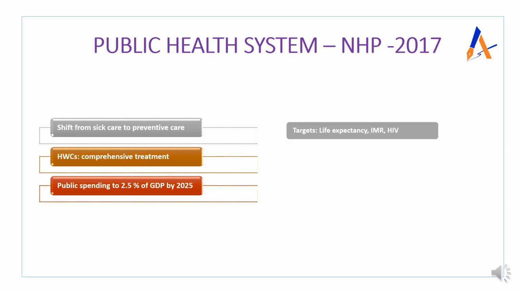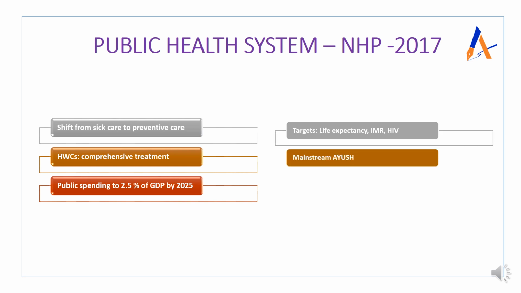Next, the National Health Policy is targeting life expectancy, IMR and HIV. The target is that life expectancy should increase to 70 by 2025. IMR should reduce to 28 by 2019 was the target. And the focus on HIV is the 90-90-90 strategy.